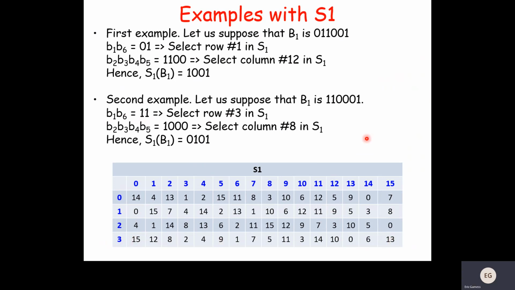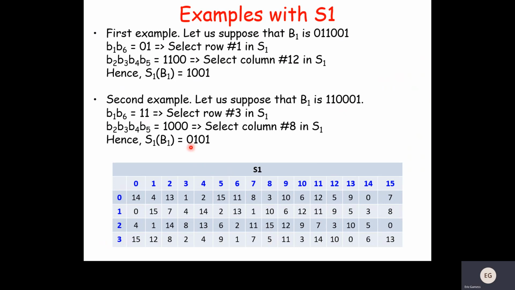Now, how do I select the column? I select bit 2, bit 3, bit 4, and bit 5. So it's 1, 0, 0, 0. 1, 0, 0, 0 is 8. So I'm going to take column 8. So row 3 with column 8 gives me 5.